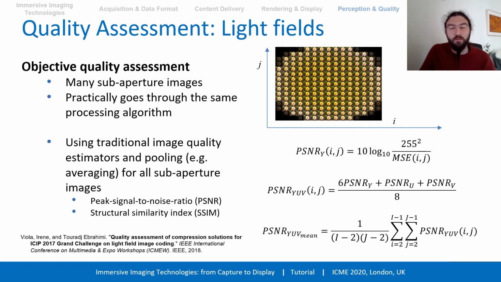And following this framework, various existing 2D image quality metrics can also be used to estimate quality of the light field, such as WEAF or other 2D quality metrics.